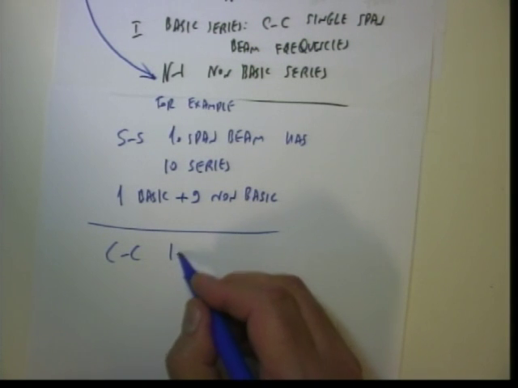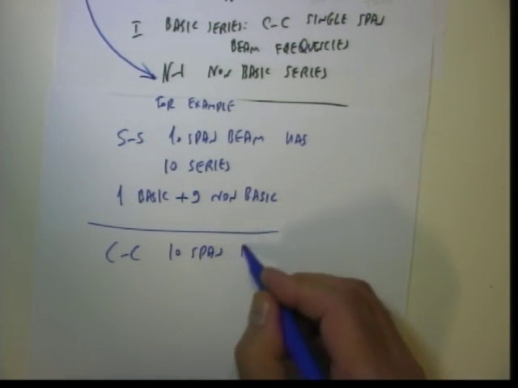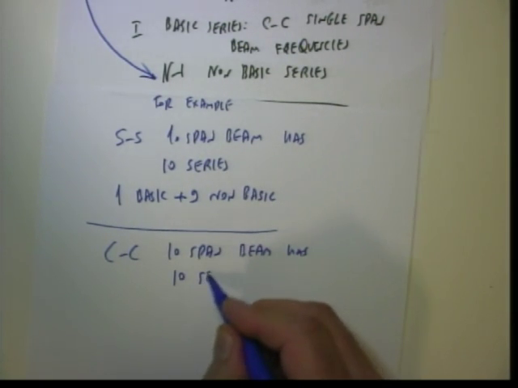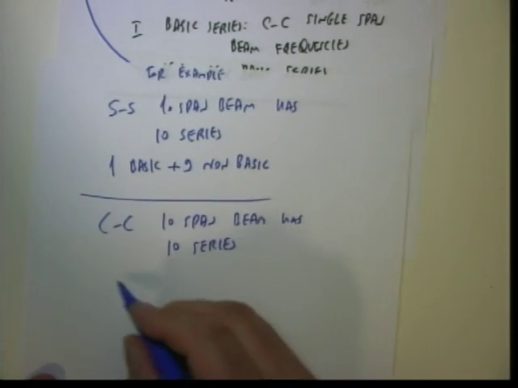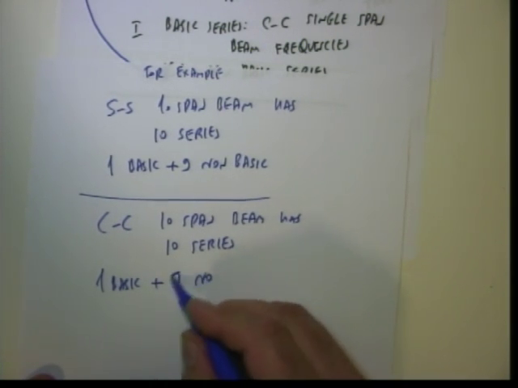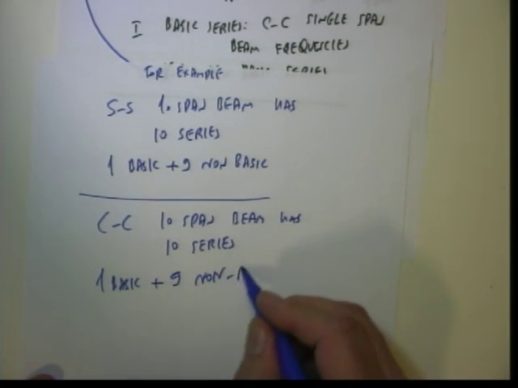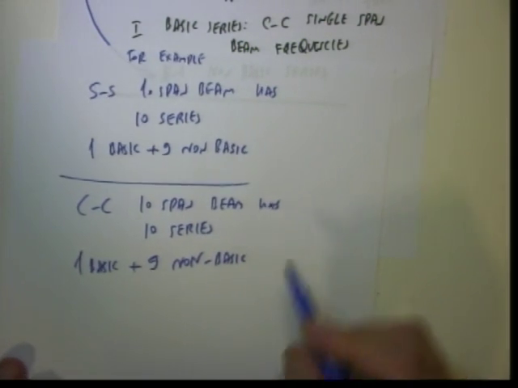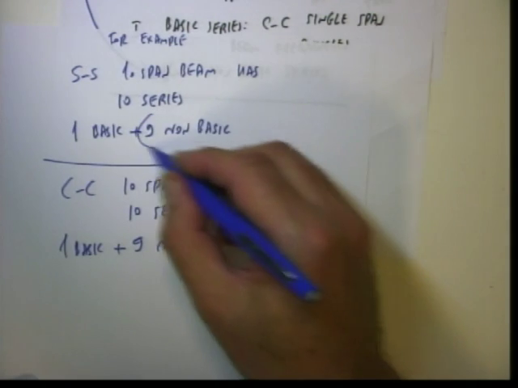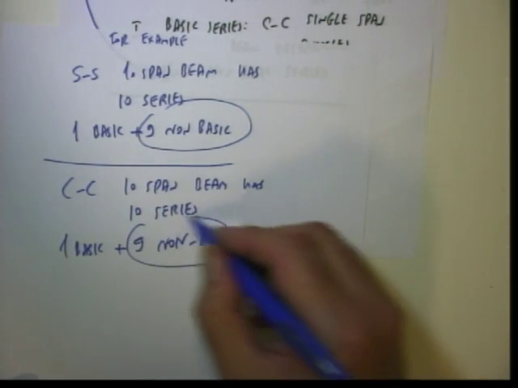A clamped 10-span beam has also 10 series. One basic plus 9 non-basic. Okay, so that means that these 9 non-basic are the same.